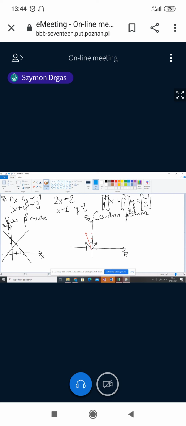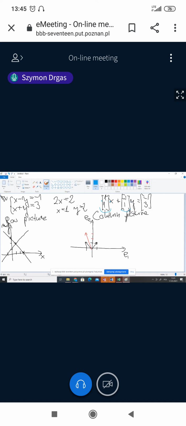And if we want to solve this system of linear equations, we can interpret the solving as finding these coefficients of the linear combination. So we want to find x and y such that when you multiply the first vector by x and the other one by y, you will obtain -1 and 3.